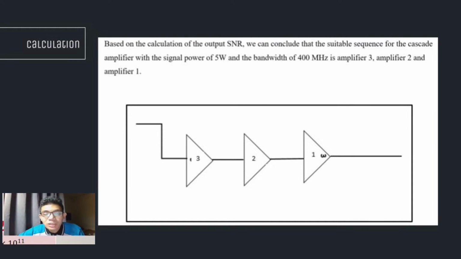So as you can see, the highest output. Based on the calculation of the output SNR, we can conclude that the suitable sequence for the cascade amplifier with a signal power of 5 W and a bandwidth of 400 MHz is amplifier number 1 first, then amplifier number 2, and lastly amplifier number 1.